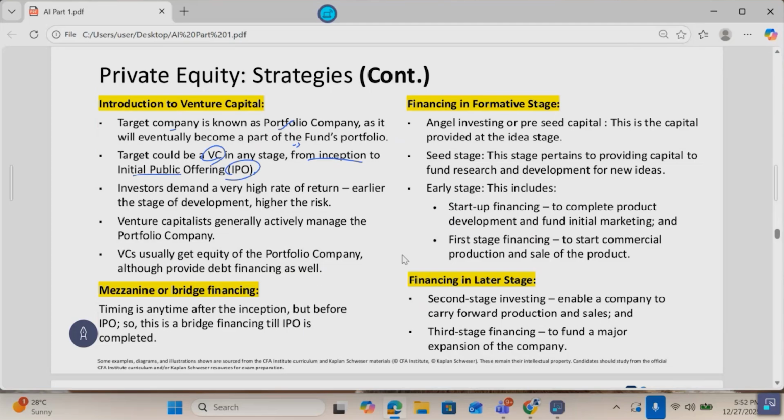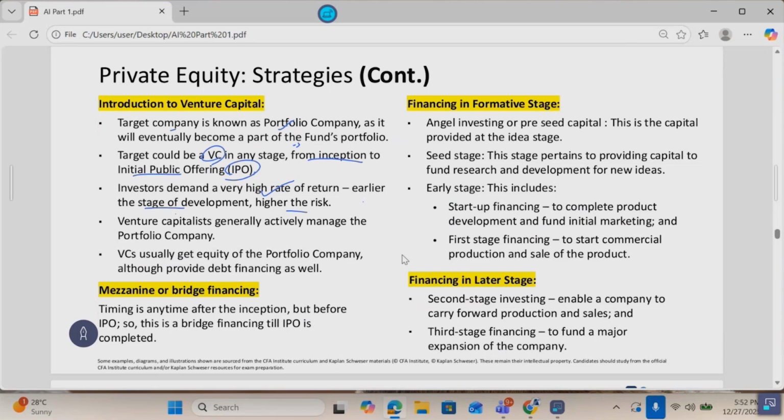Obviously, these VC investors enter at very high risk, and therefore they'll also expect a very high return. The earlier they enter, the more return they'll expect, right? Because the earlier they enter, the more is the risk and the more is the danger. The later they enter, maybe it's already set up, it's doing well, so the risk is reducing, right?